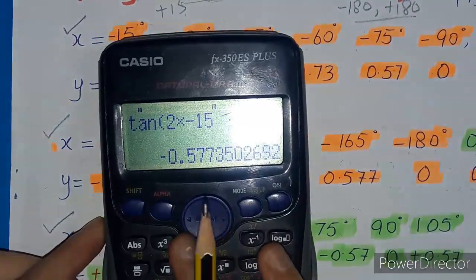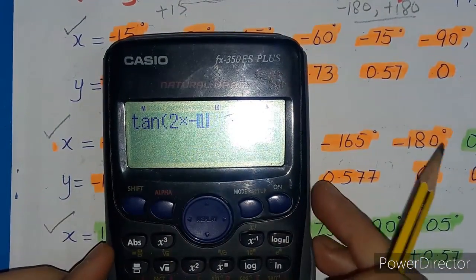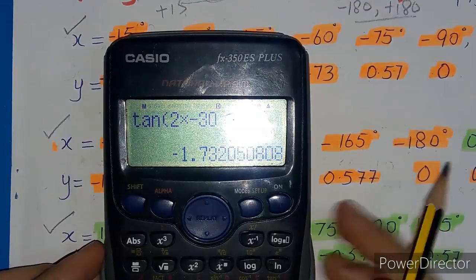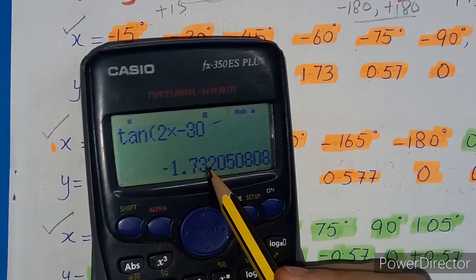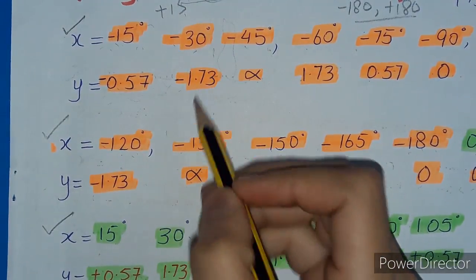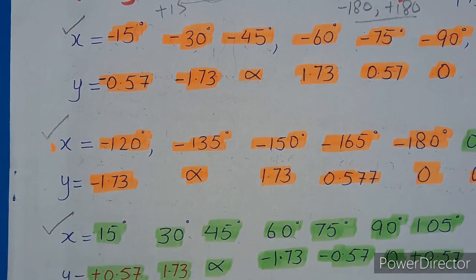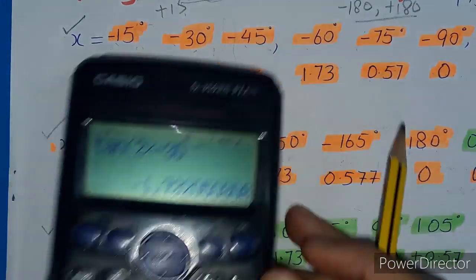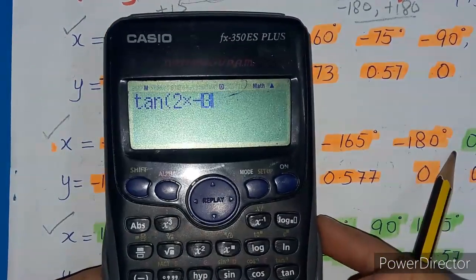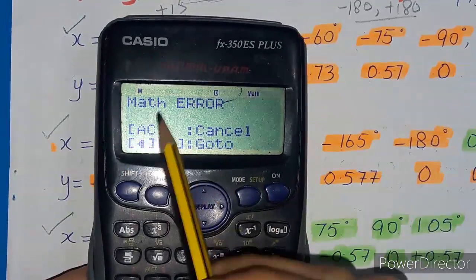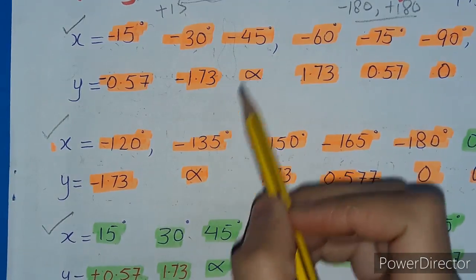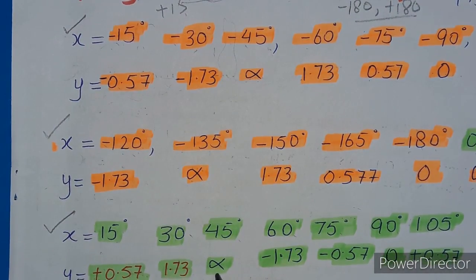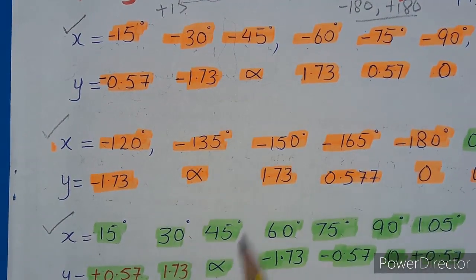Then minus 30 gives minus 1.73, and 30 degrees gives plus 1.73. Then minus 45, let's check, is math error, infinity. We write infinity here, and plus 45 is infinity as well.